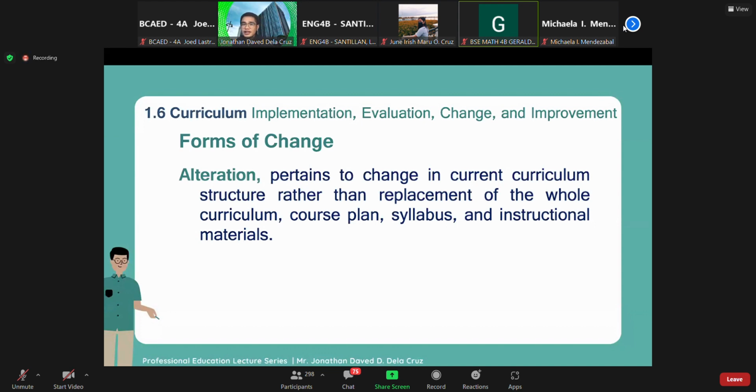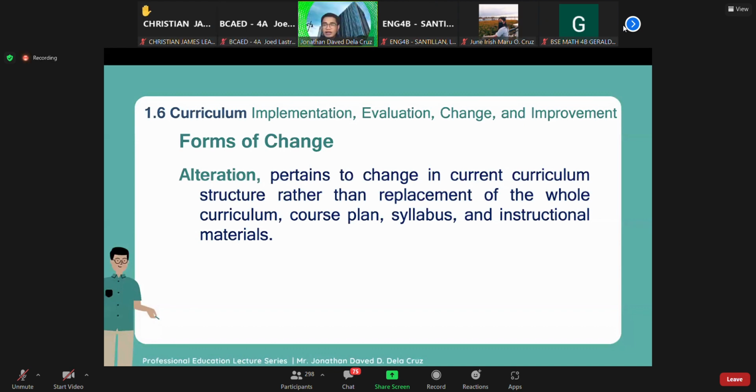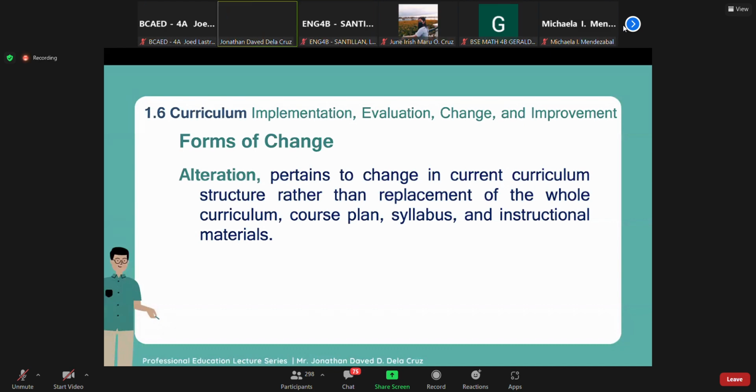So that's instructional material pa rin naman yun. Pinalitan mo yung instructional material from books to iPads. So kanina, yung libro sa substitution, libro na yung gamit, pinalitan mo lang ng bagong libro, substitution yon. Alteration, libro, the function is for learning material, pinalitan mo ng iPad, the function is still for learning material. Ang tawag naman doon ay alteration.